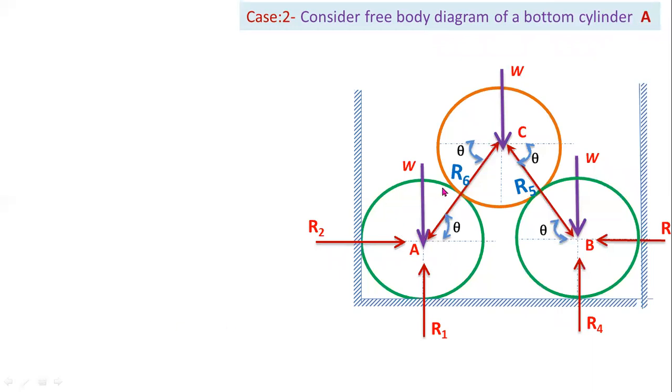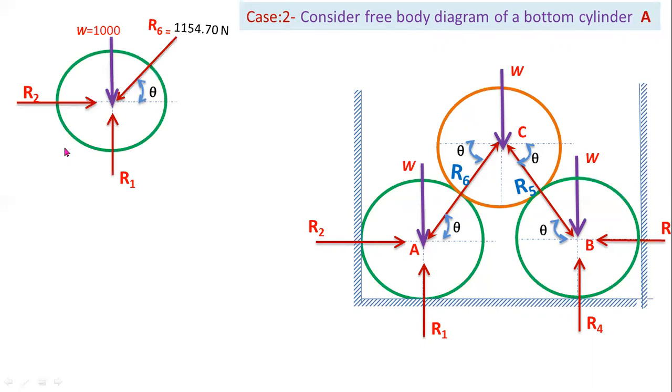Here for cylinder A, there are four forces acting at point A. So you have to consider a free body diagram of cylinder A: R2 force and R1 force, W equal to 1000, and reaction force R6. Already we know the value of reaction force R6. From case 1, we got the value of reaction force R6 equal to 1154.70.